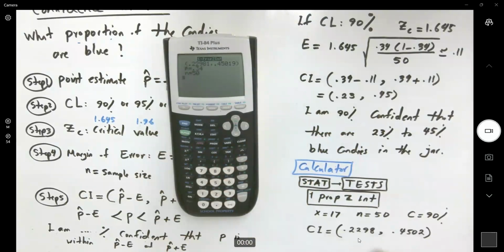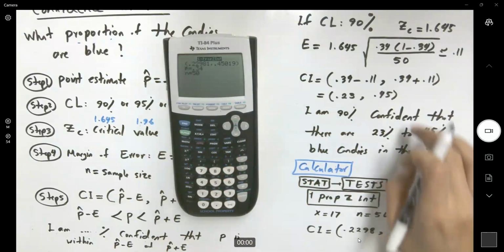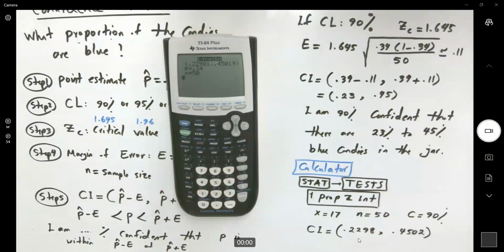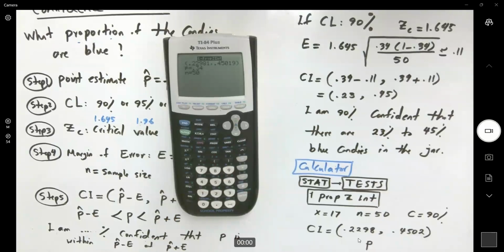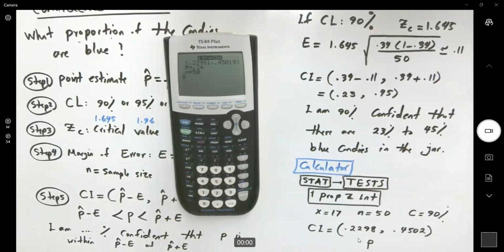It is a more accurate confidence interval than the one that we calculated. So we expect the proportion of blue candies in the population to be in between 22.98% and 45.2%. We are 90% confident about that.